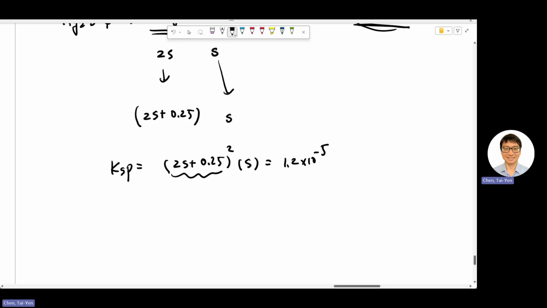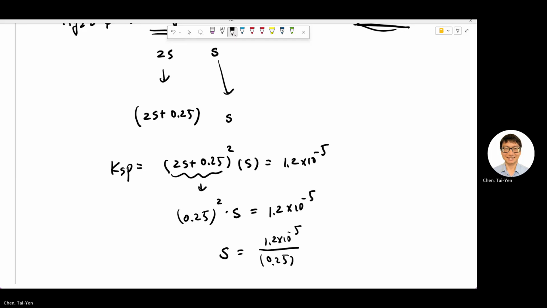And then use the small x approximation. So this becomes 0.25 squared times S equals 1.2 times 10 to the negative 5. Therefore, your S equals 1.2 times 10 to the negative 5 divided by 0.25 squared.